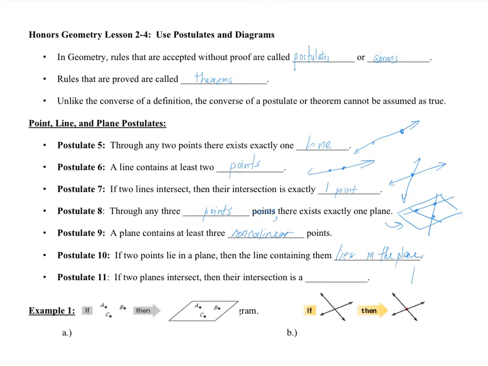So if I draw a plane, and then there's 2 points, the line containing them also lies in the plane. Postulate 11, if 2 planes intersect, then their intersection is a line. So you draw a plane like this, and then the plane goes this way. And the intersection is a line.